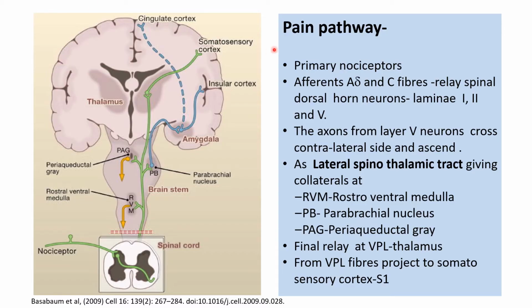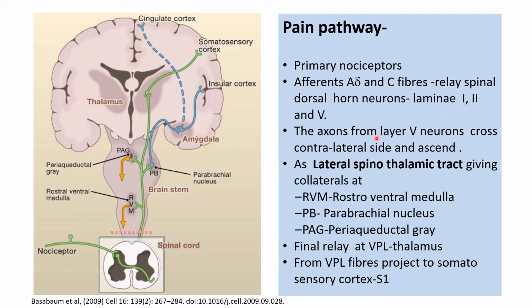Now we revise the pain pathway briefly. It starts from the primary nociceptors, carried by thinly myelinated A delta fibers and unmyelinated C fibers, which relay in lamina 5 and lamina 2 respectively for these fibers.